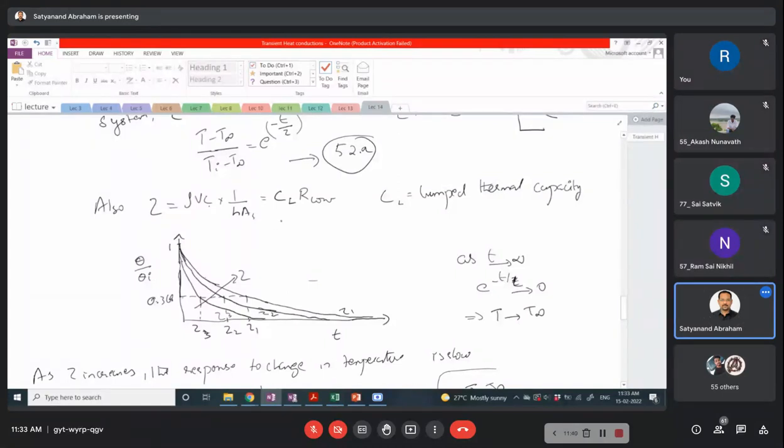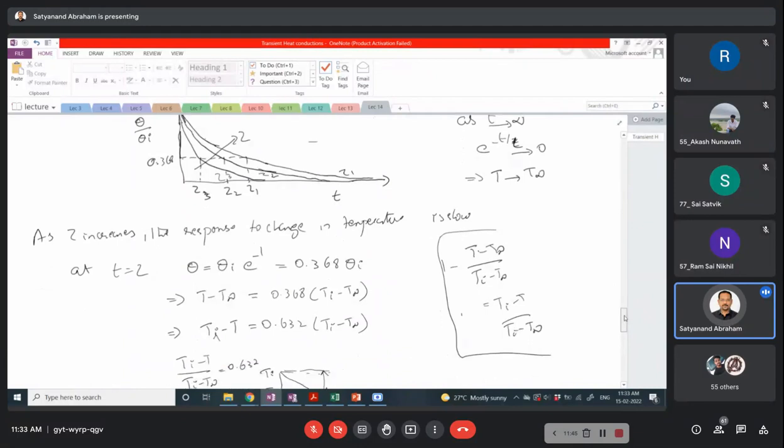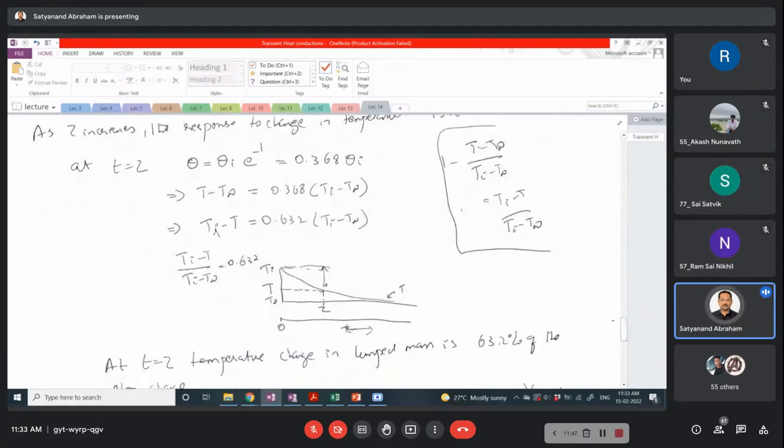And we said that at time t equal to tau, the total temperature change is equal to 63% of the total step change. The total change in the temperature of the body means Ti minus T, and that change is 63% of the step change.